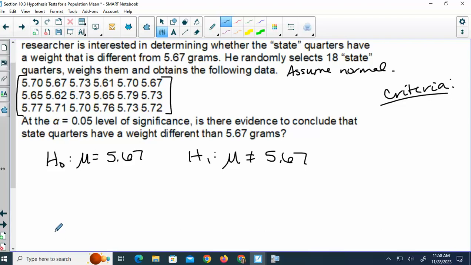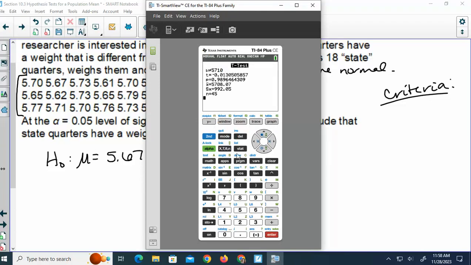What am I going to do next? Yeah. So we need to go to stat, edit, and we need to put all of this in L1. Let's go ahead and do this on our calculator. So if we wanted to go to stat, tests, which test do we do?